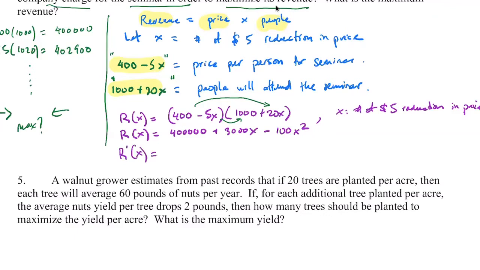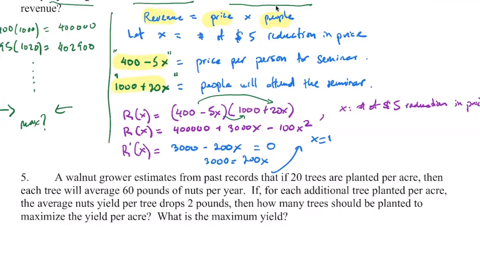So we can take the derivative now, and that's going to become 3,000 minus 200x. Now we're ready to set this equal to 0 to find the critical value. So 3,000 equals 200x, and therefore x is 15. Okay. So what does this mean?